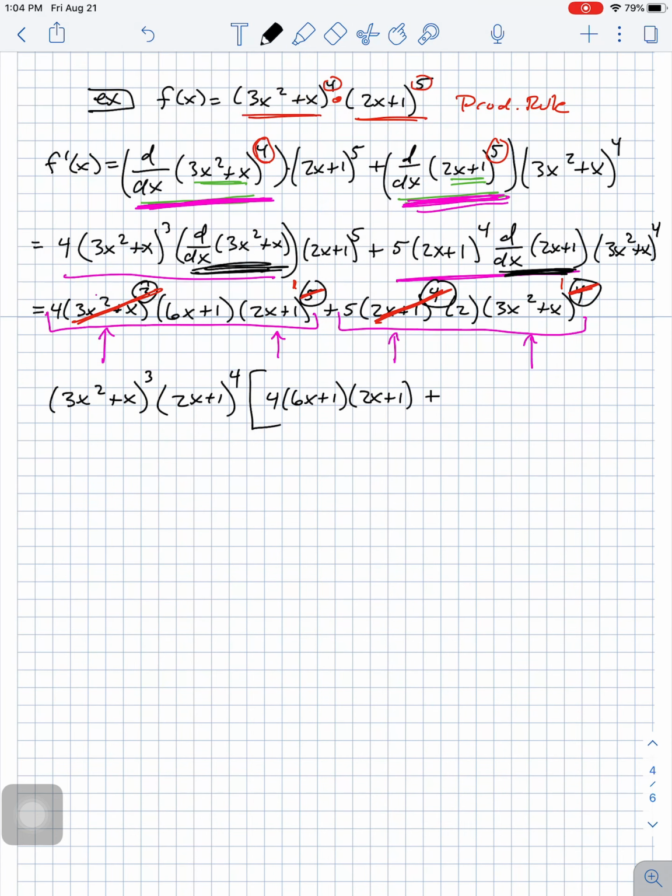So I'm left with a 5, a 2, and 1 of these guys. And then often what you have left here is easier to manage. Instead of trying to multiply out something to the fourth power, I'm just kind of foiling out a couple things.